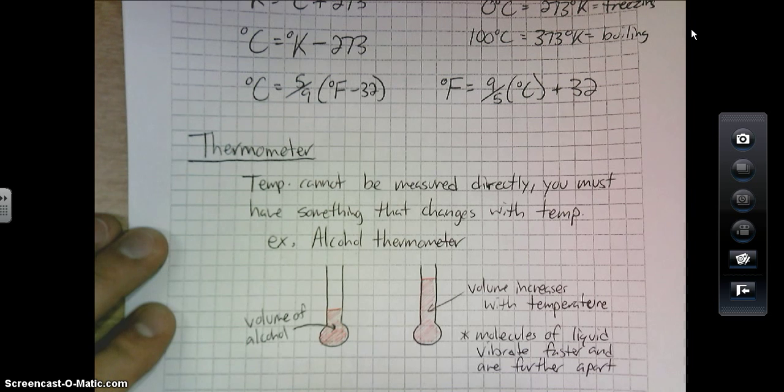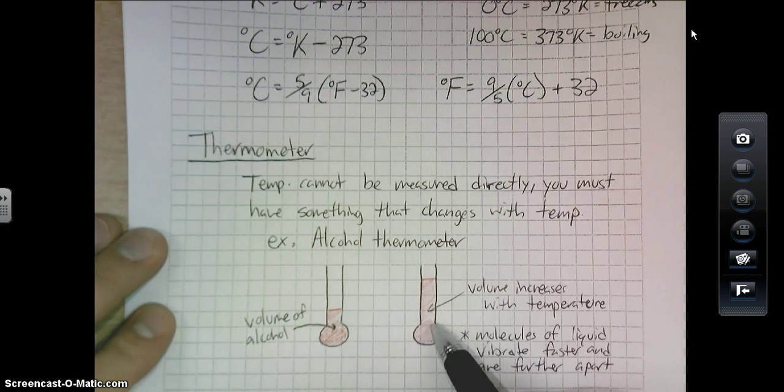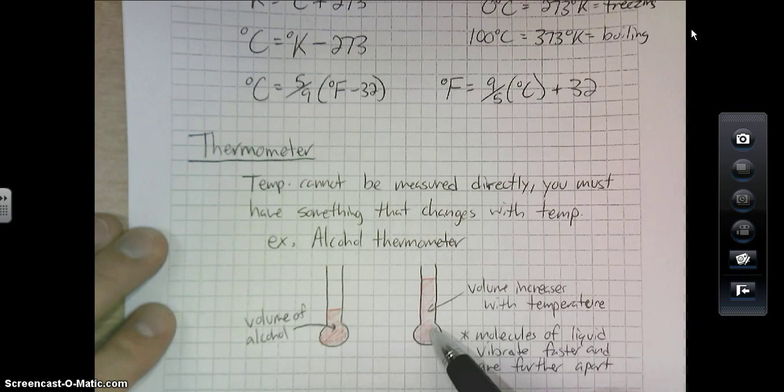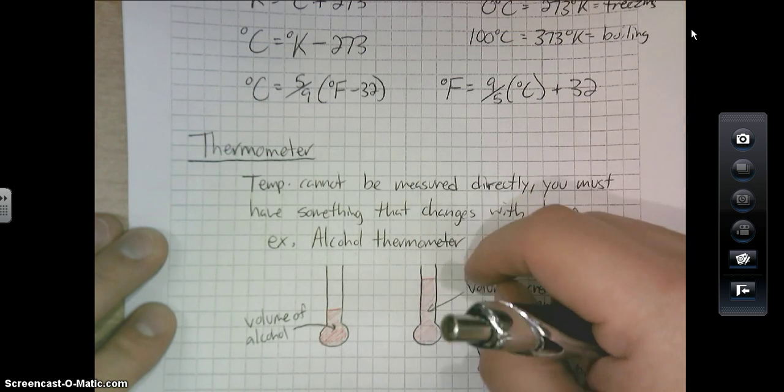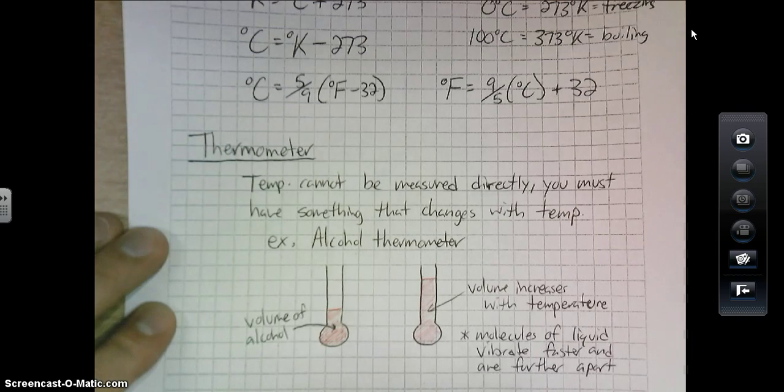Depending on whatever fluid you have in here, you could have a really long thermometer or a really short thermometer with tiny little markings. But that's essentially what it is: just an object that changes with temperature changes. And as long as you know a couple of milestone temperatures like freezing and boiling, then you can scale anything to read a temperature, as long as it changes with temperature.